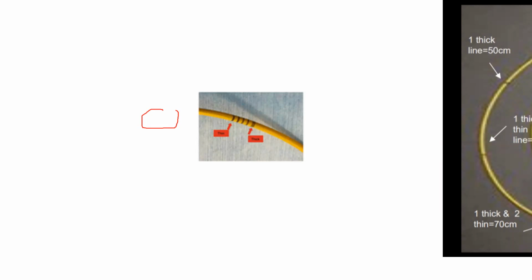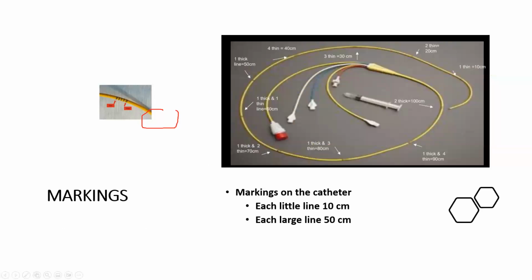The implication here is that we need to make sure that we record the distance marking at the start of each shift. You need to make sure what the distance is that has been inserted, so that in the event that the catheter migrates, we'll be able to identify that. So record the distance marking at the start of each shift.